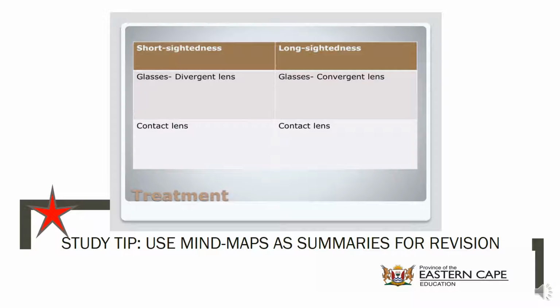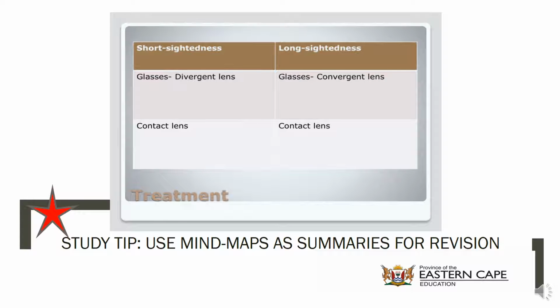And what is long-sightedness going to be corrected by? It is also corrected by glasses, spectacles that have got what type of lens? They've got a convex type of lens, which is going to allow the light rays to converge, to come together, to merge as they enter the eye, and the image forms on the retina for all the objects that are close by.